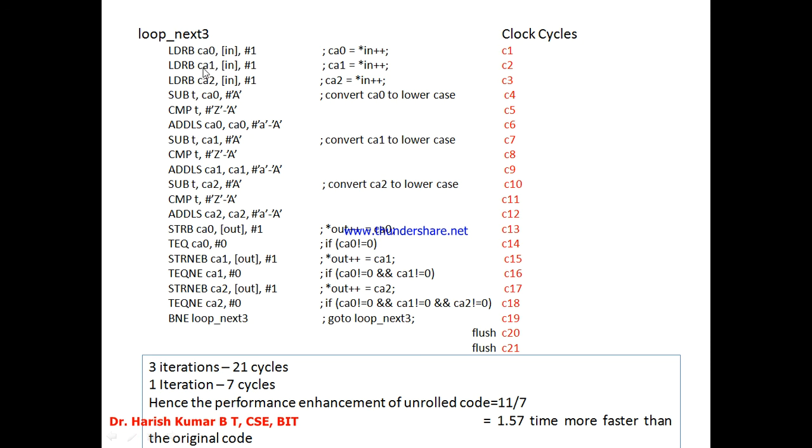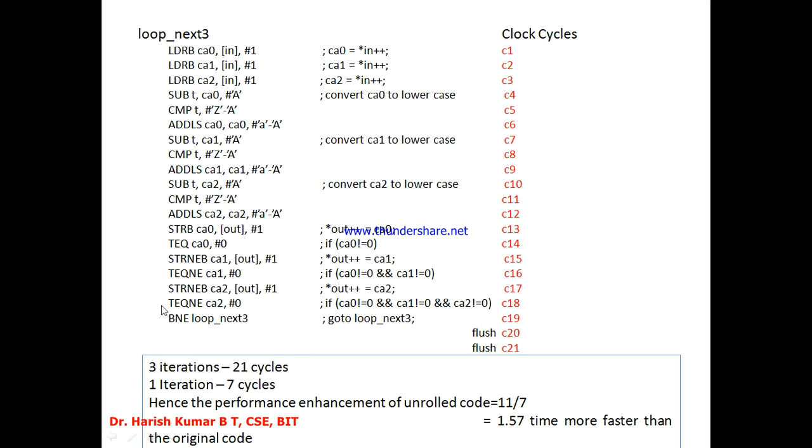Because this is a different register and that is a different register, and CA0, the destination register, is never used as input here, so it can execute in C2, and similarly C3, and then C4, subtract, compare, everything, and the last one, the BNE instruction, takes 3 cycles, C19, C20 and C21.